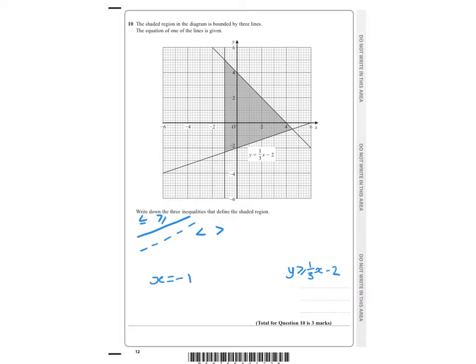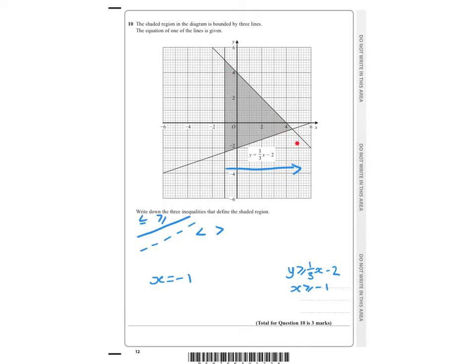And then I look, I want this side of the line. That's where it's shaded. So x is actually greater than or equal to minus 1 every time. Because every time, you know, our next available x is 0, which is greater than or equal to minus 1. Okay, so the last thing we have is this line here.